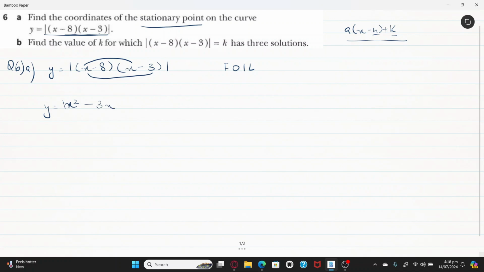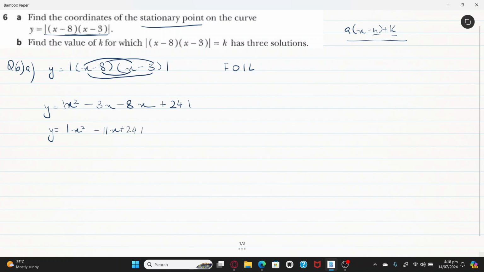Inner: minus 8x. And last: minus 8 multiplied by negative 3 becomes positive 24, since 8 threes are 24. Now just simplify this: y equals x squared, minus 3x minus 8x is minus 11x, plus 24.